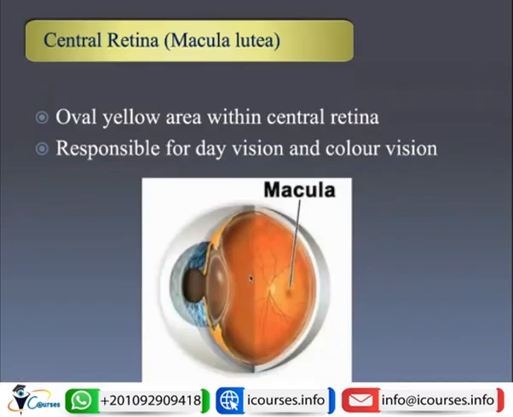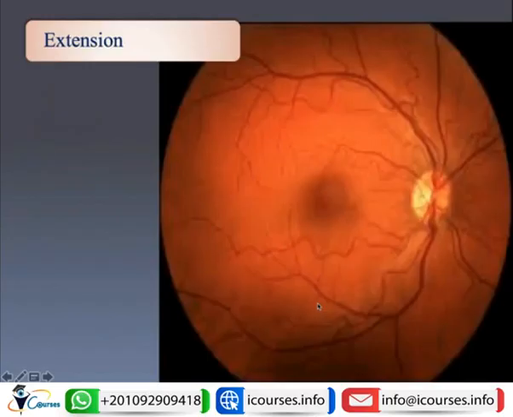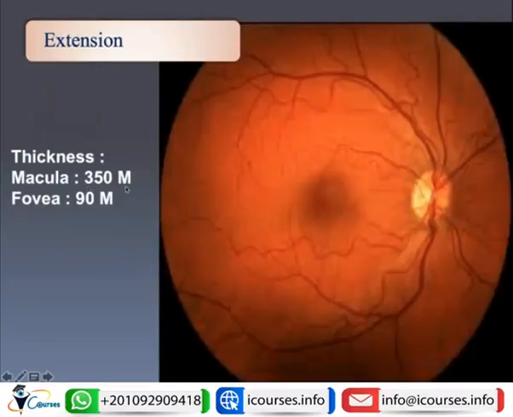This macula is occupied by the central cones, and that's why they are responsible for day vision and color vision. The thickness of the macula altogether is about 350 microns, while the thickness of the macula at the fovea is only 90 microns. And you will see now why there is this reduction of thickness.